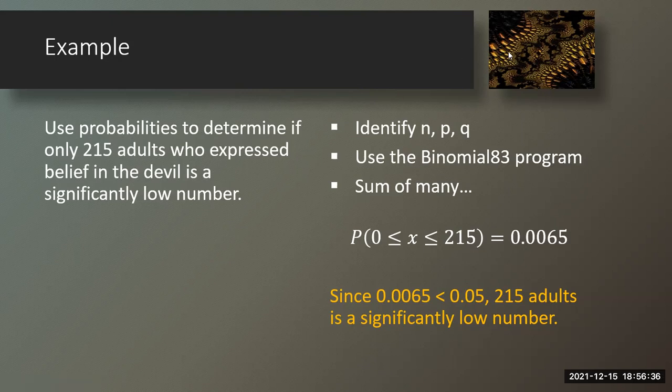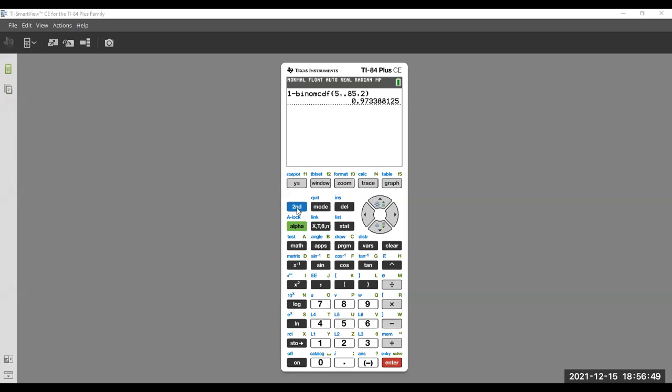So when I handle this problem, this time I don't need to do the 1 minus because I can use the trials 400, p 0.60, that's 60%, the X value 215.